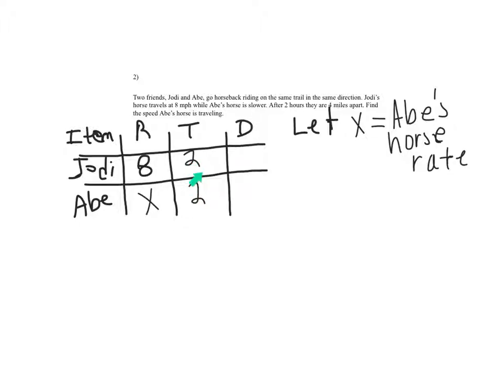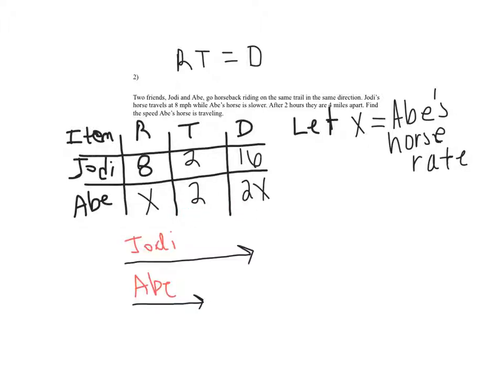So the time is the same for both horses, but the speeds or rates of the horses are different. Now we can fill in our third column using our formula. So if you didn't have this written down before, rate times time equals distance. So our distance column here is these two multiplied together. So this will be 16, and this one will be 2x.